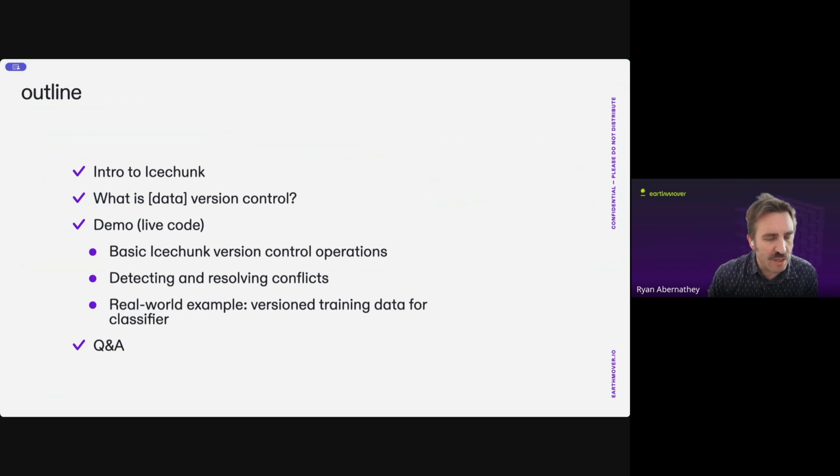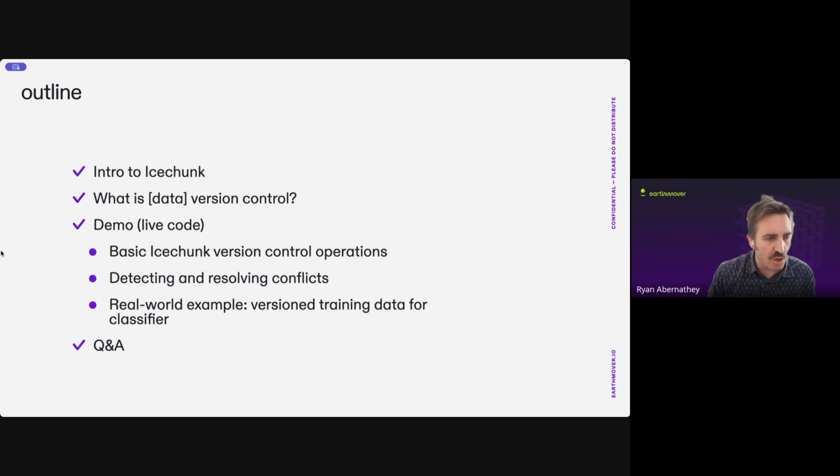So here's the outline of the talk that I'm going to be presenting. First, we'll just give a general intro to Icechunk. What is it? I know some folks here have heard about it already, but it probably bears repeating. Then we'll talk a little bit about what is version control, why do we need version control, and what is data version control.